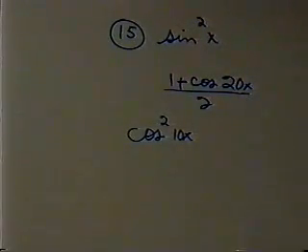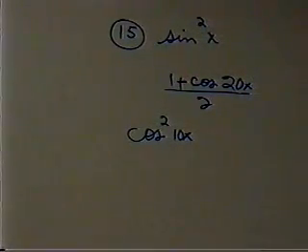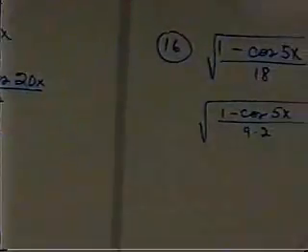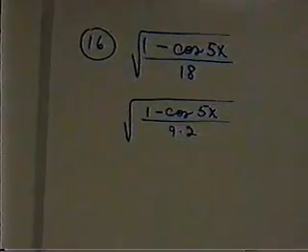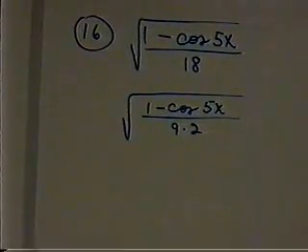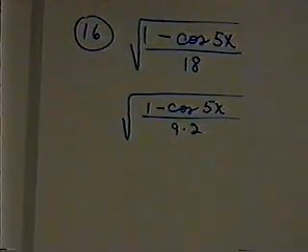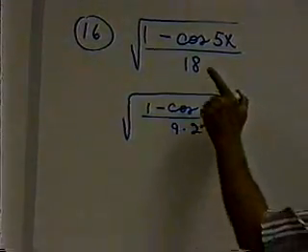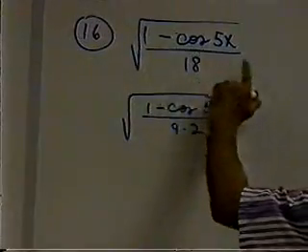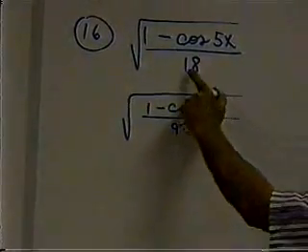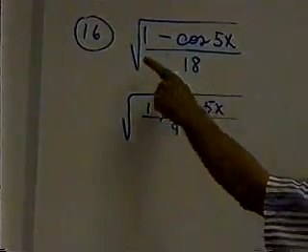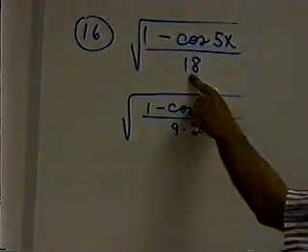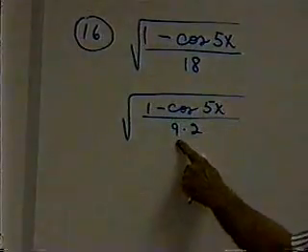All right, let's look at some more examples. So looking at example 16. Okay, in example 16, we're having to do some algebra to get where we want. For instance, we have the square root of 1 minus the cosine of 5x over, whoops, it's got to be a 2. It's got to be the square root of 1 minus the cosine of an angle over 2. So what we'll do is do algebra here.